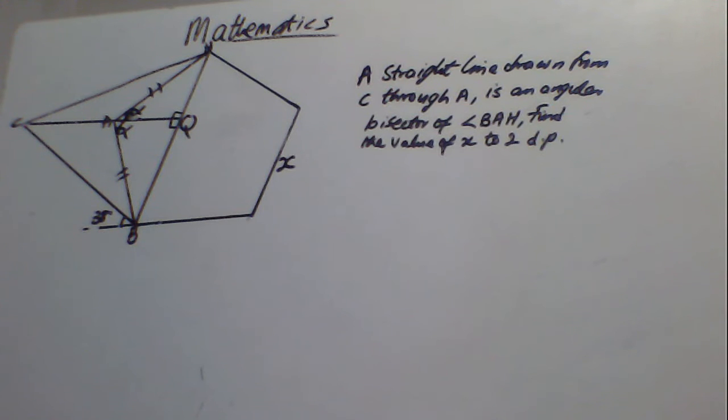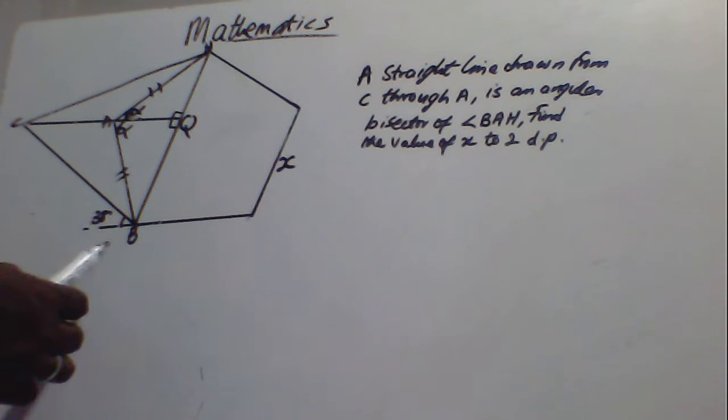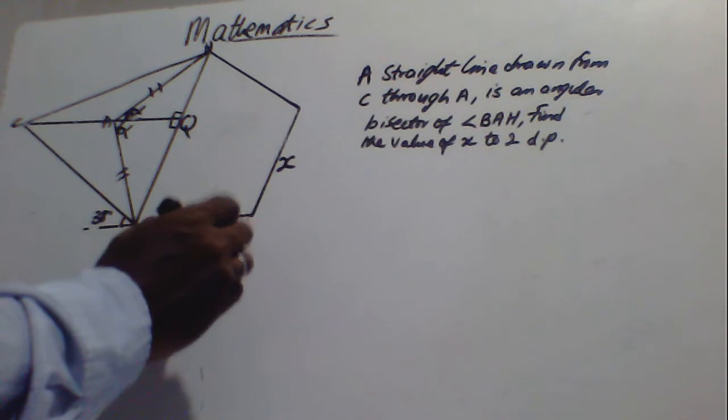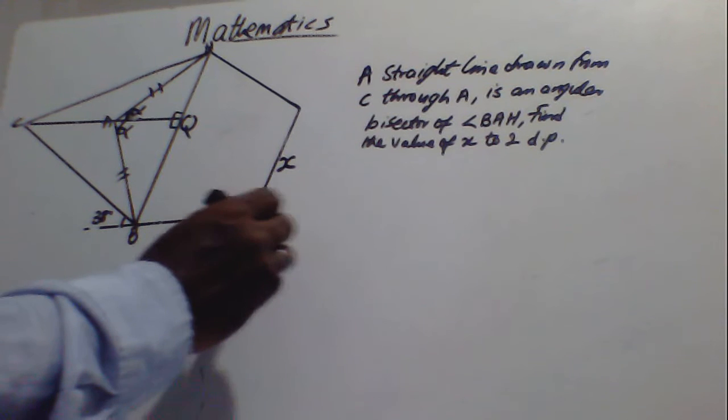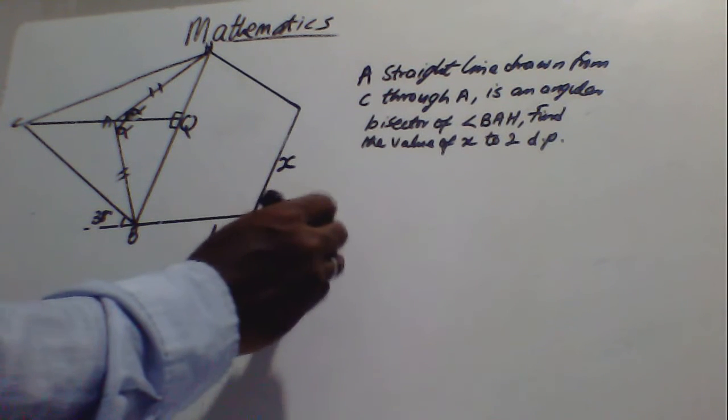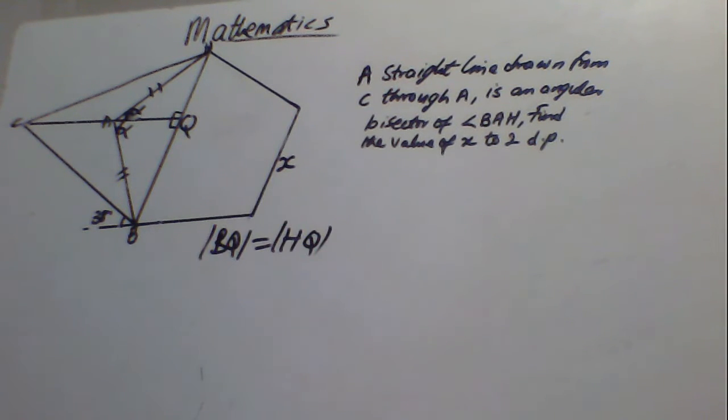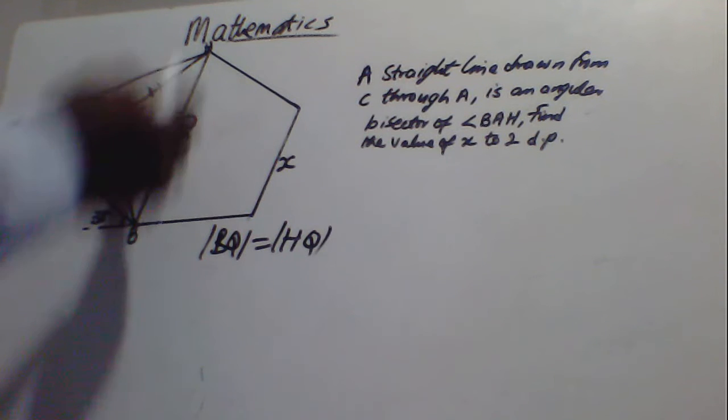Because it divides the angle into 2 equal parts, BQ is equal to HQ.